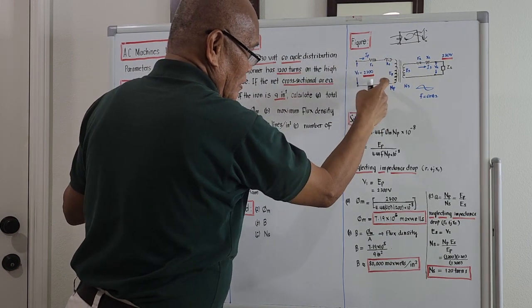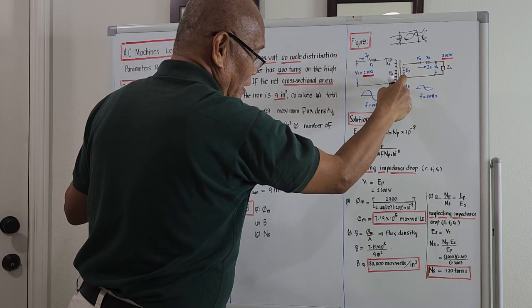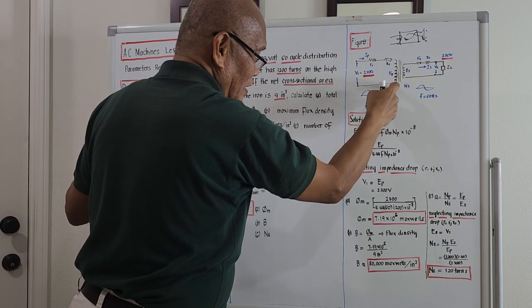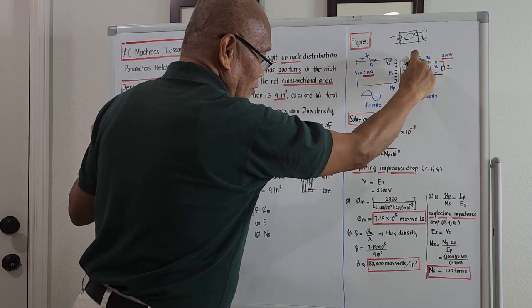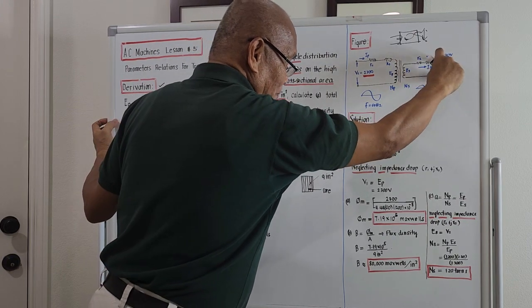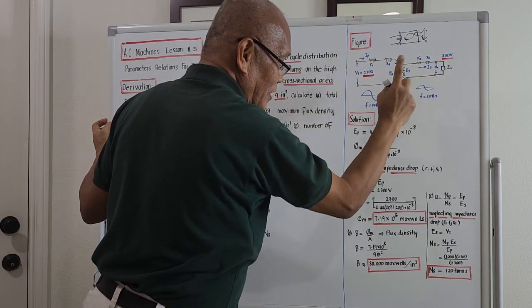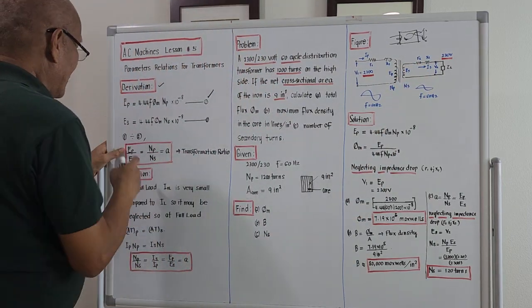Current is coming in, and it will create a flux because the two windings are linked with the iron core. And there should also be an induced voltage on the secondary across this. It is different from this because there is the so-called impedance drop R2 plus jX2.